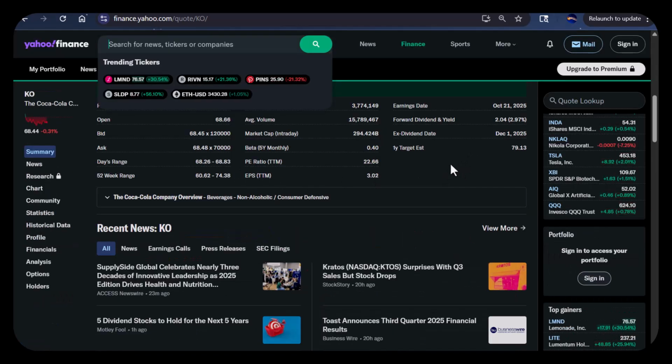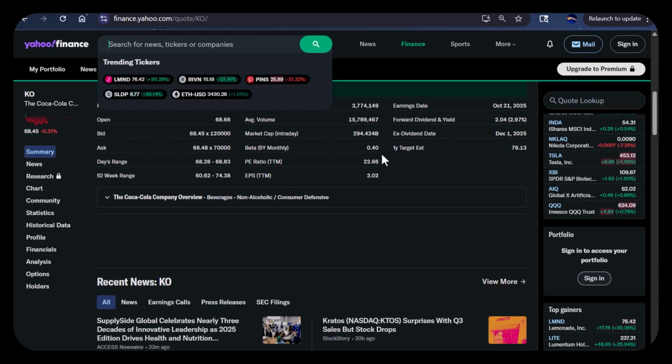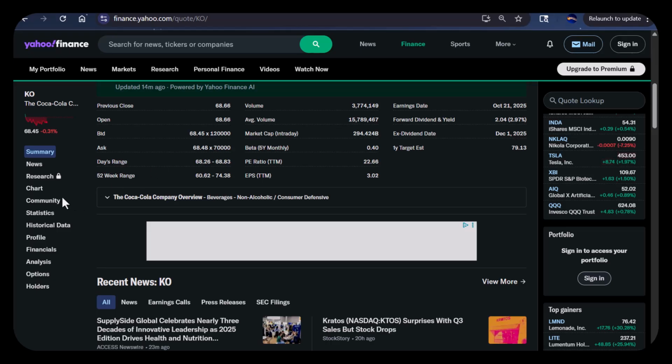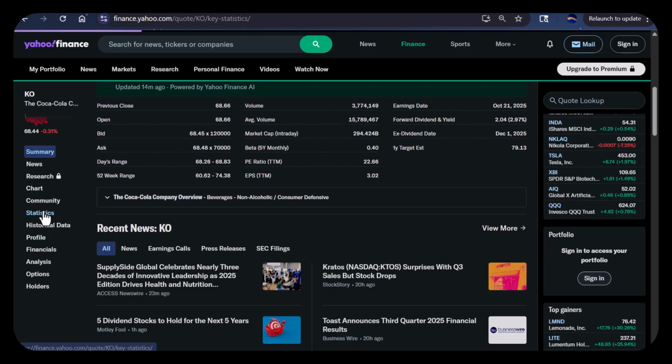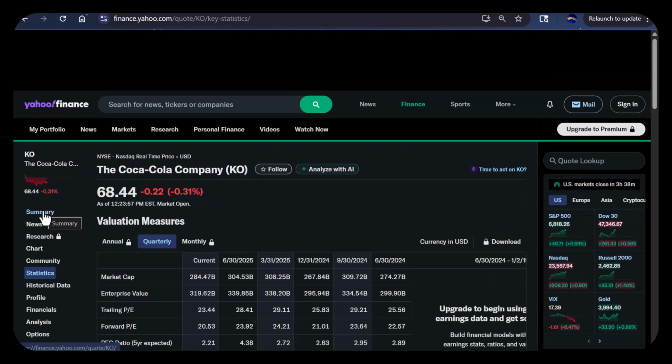You can find it under the statistics tab. They keep changing what it is. 0.40.